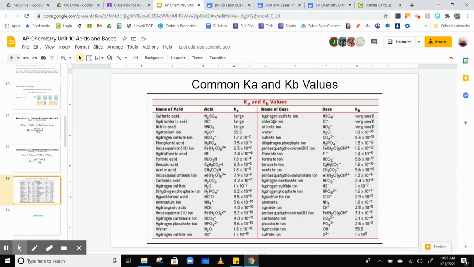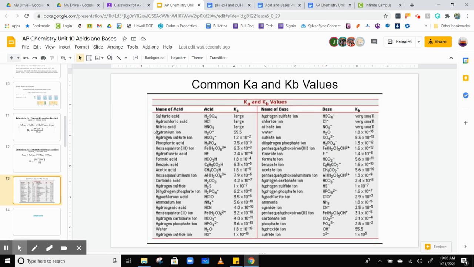So you look at these Kb and Ka values, you'll see that the values are usually 10 to the negative something. Oh, I don't know why they put the bases in opposite of the acids. It's weird, but whatever.